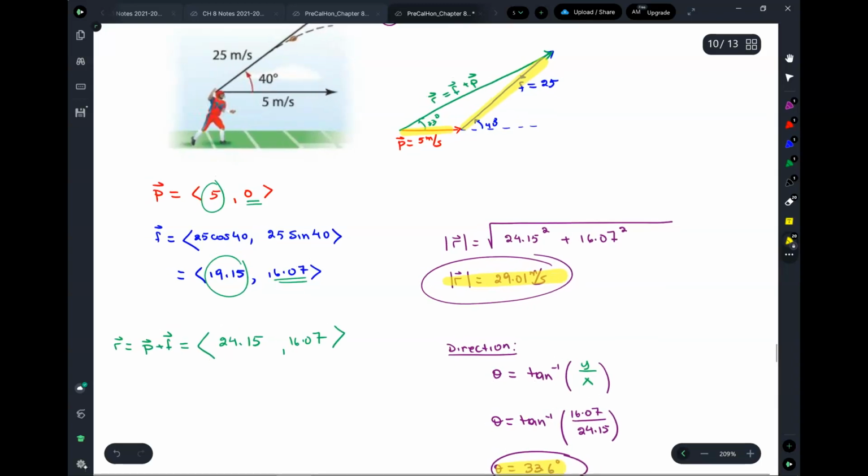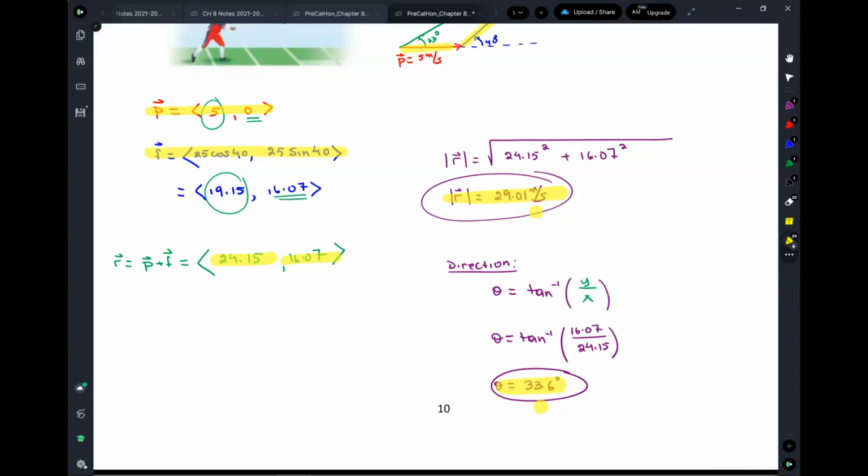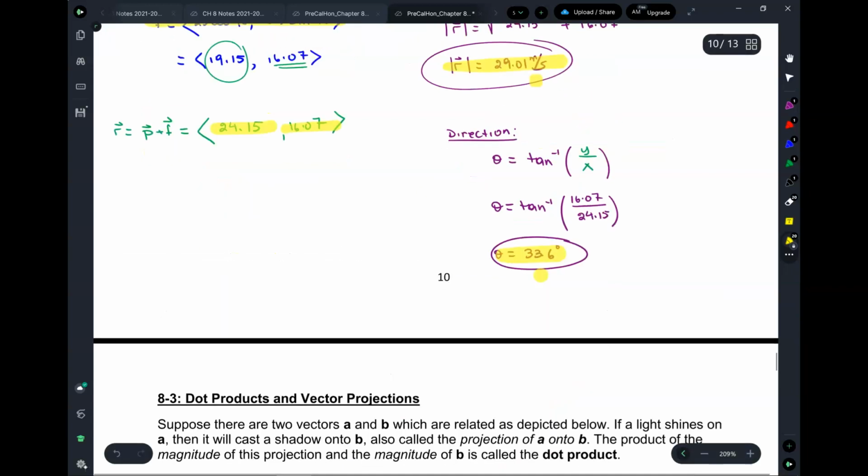Number one, you write them in component form. You add the components. That's the resultant vector. Now you work with that to find the magnitude and the direction. Okay? So when you do it on the homework, you have to mimic what we did here. All right? Okay.